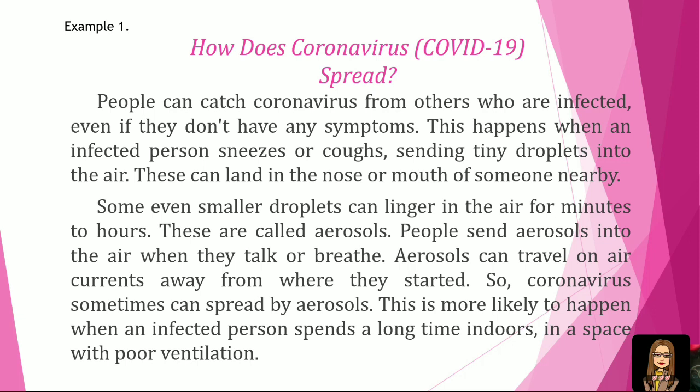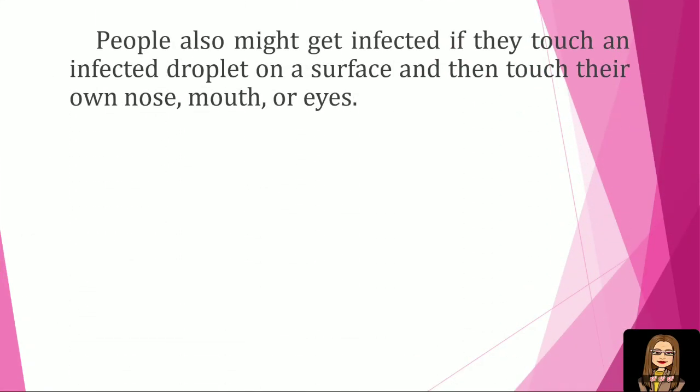Aerosols can travel on air currents away from where they started. So coronavirus sometimes can spread by aerosols. This is more likely to happen when an infected person spends a long time indoors in a space with poor ventilation. People also might get infected if they touch an infected droplet on a surface and then touch their own nose, mouth, or eyes.